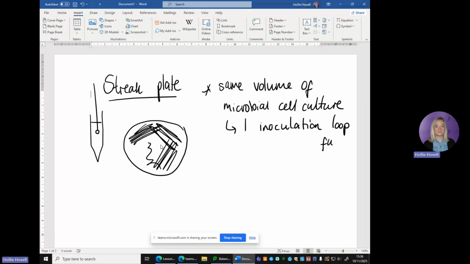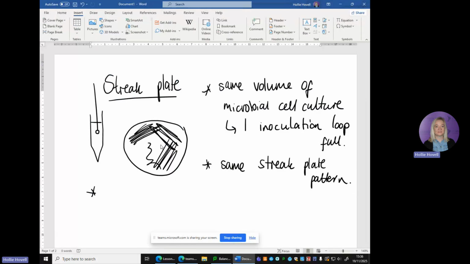So we should have always got the same amount roughly. We should have done the same streak plate pattern on each one. So they were spread out in the same way, and we just did that by doing that same pattern. You'll be able to get an image of that if you type streak plate on Google. Make sure you reference it if you get a picture.